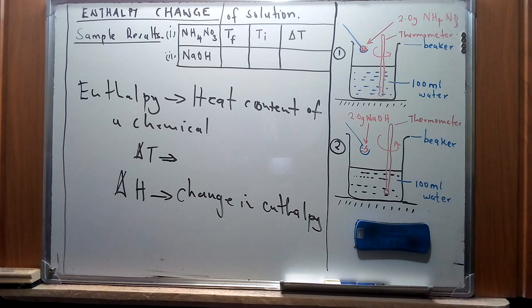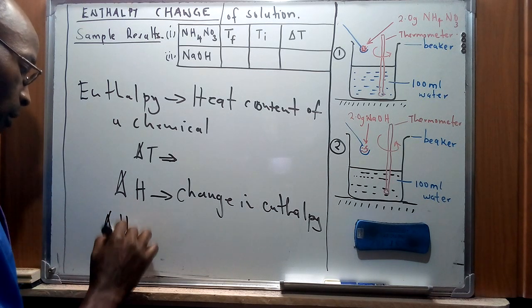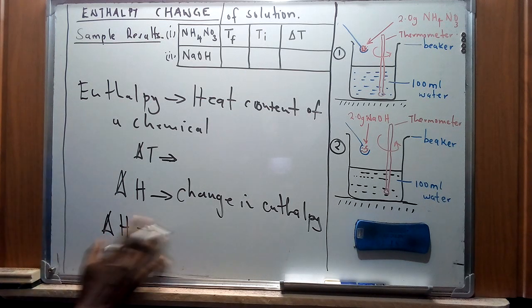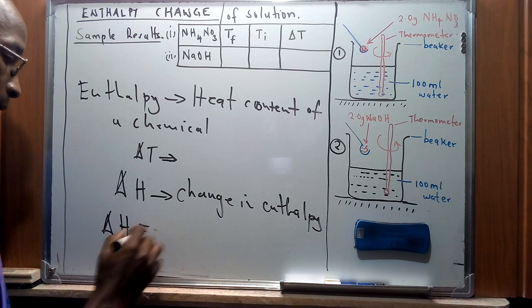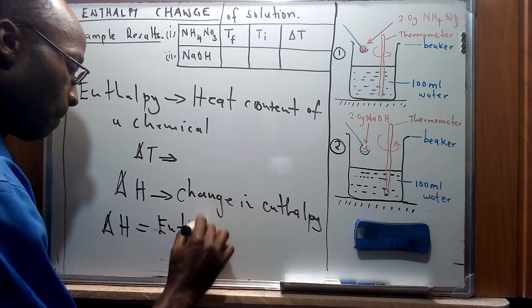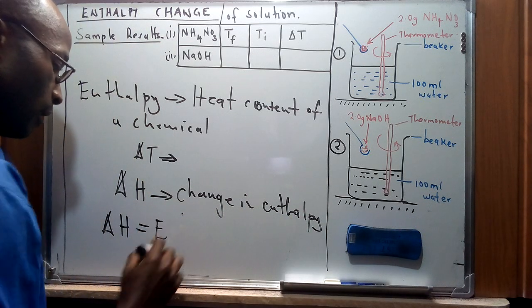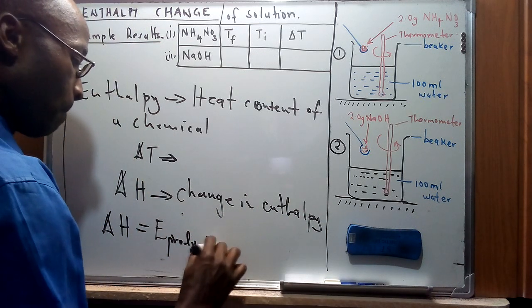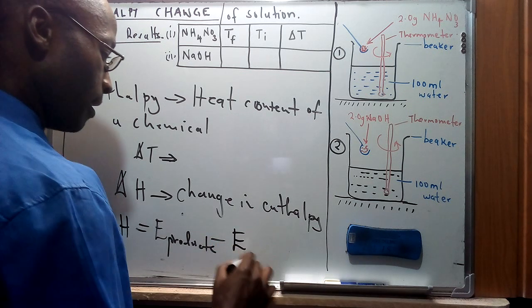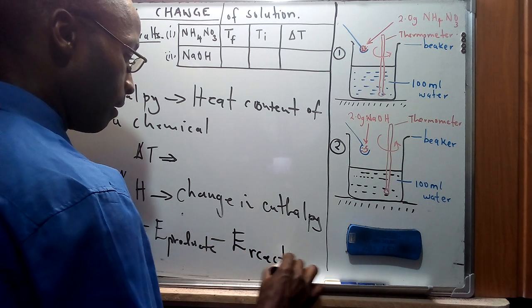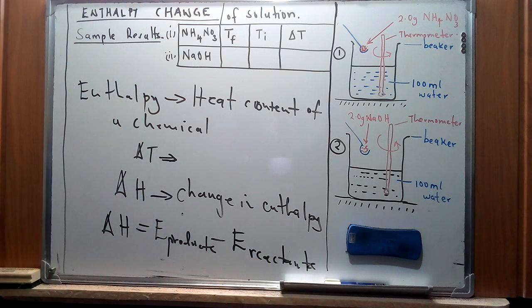The equation for enthalpy change is delta H equals enthalpy of the products minus enthalpy of the reactants. This forms the anatomy of a chemical equation, whereby we have reactants forming products. So this is the general equation for representing enthalpy as we discussed.